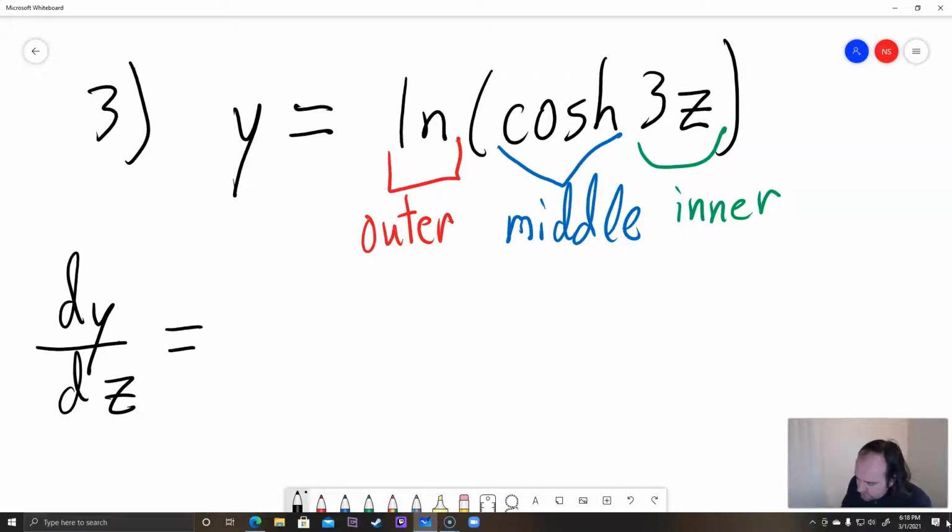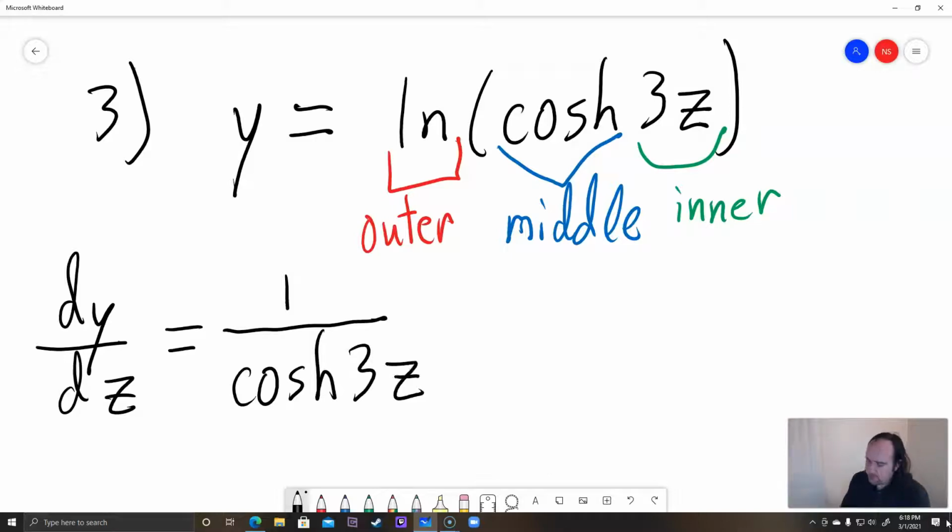Okay, so the derivative of the outer function ln is 1 over the middle and inner function, so that's going to be 1 over cosh of 3z. Okay, so right there, I just did the derivative of the outer function, middle and inner left alone. Now we do this times the derivative of the middle function, inner left alone.